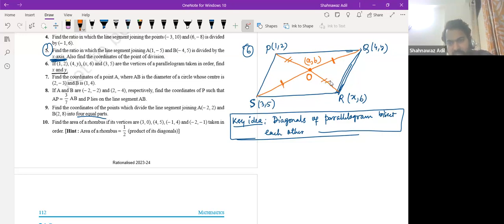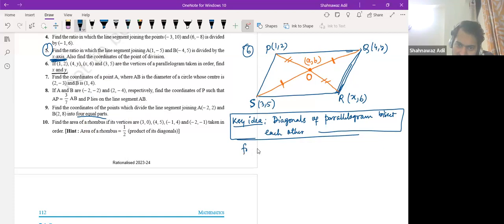So we will use the midpoint formula here. From SQ, we can calculate a, right?